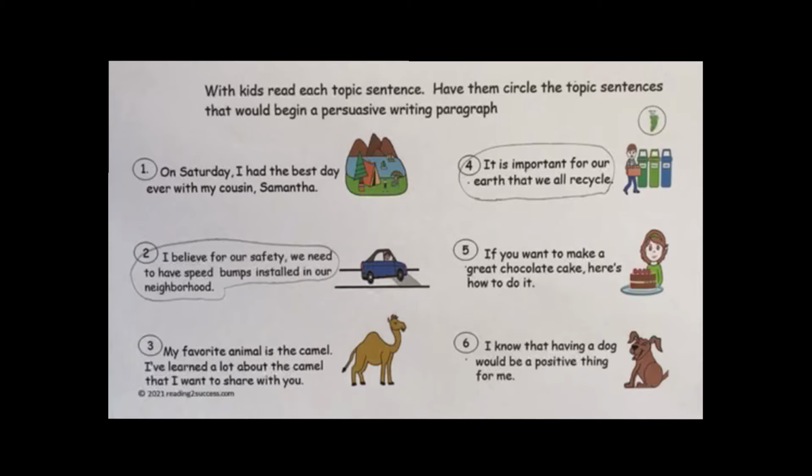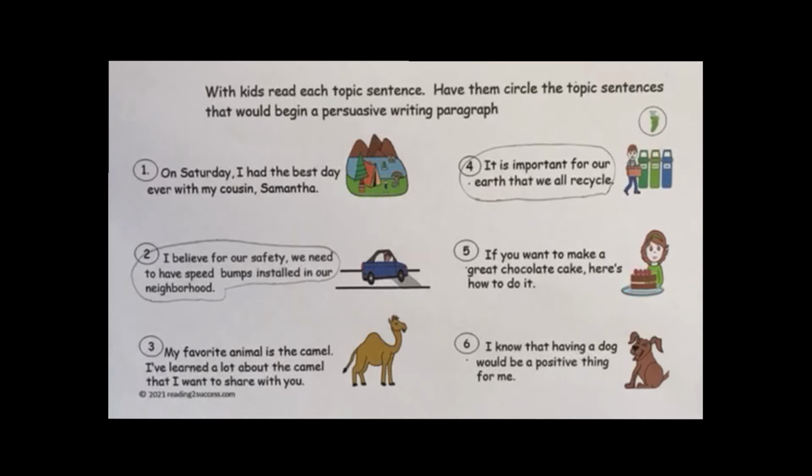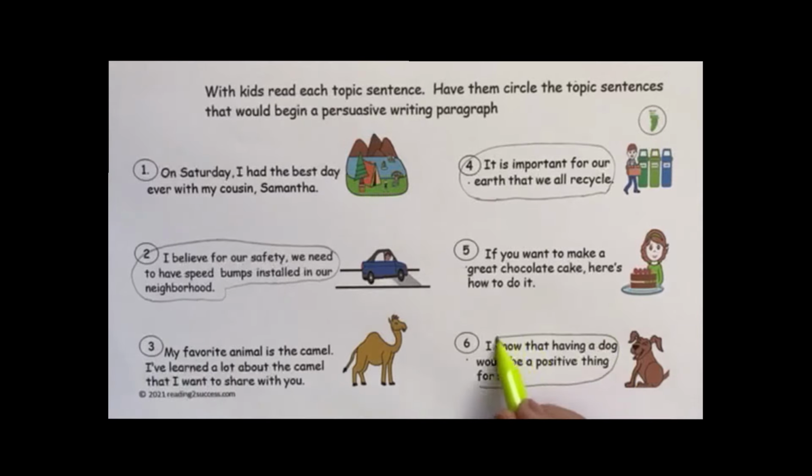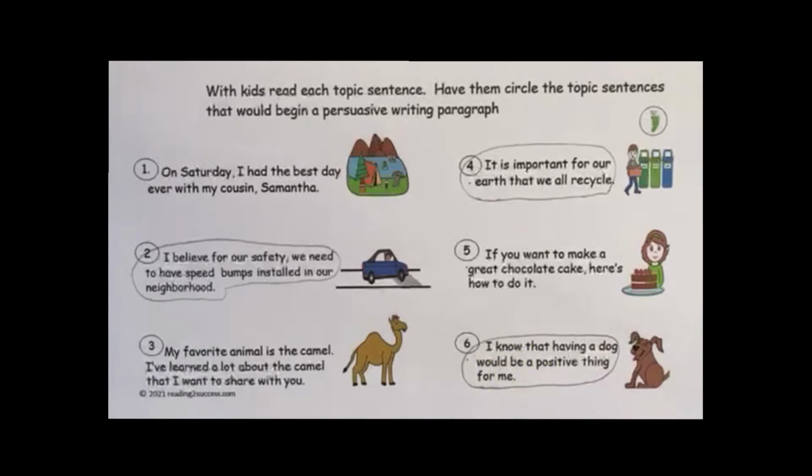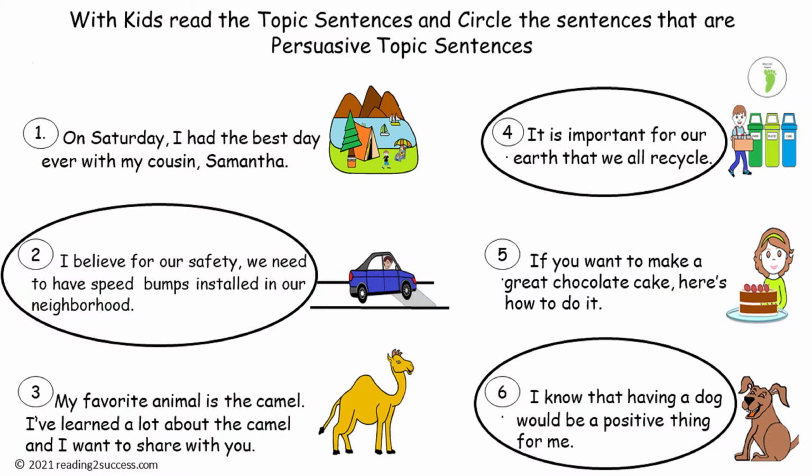Is the writer trying to convince you of anything? Maybe not us, but probably his parents or her parents, that he or she needs to have a dog. So we would circle this one. And this is a completed example.